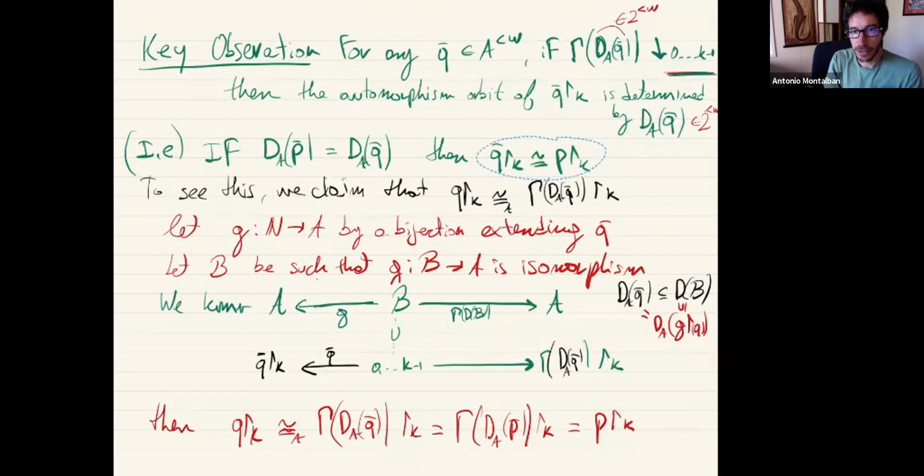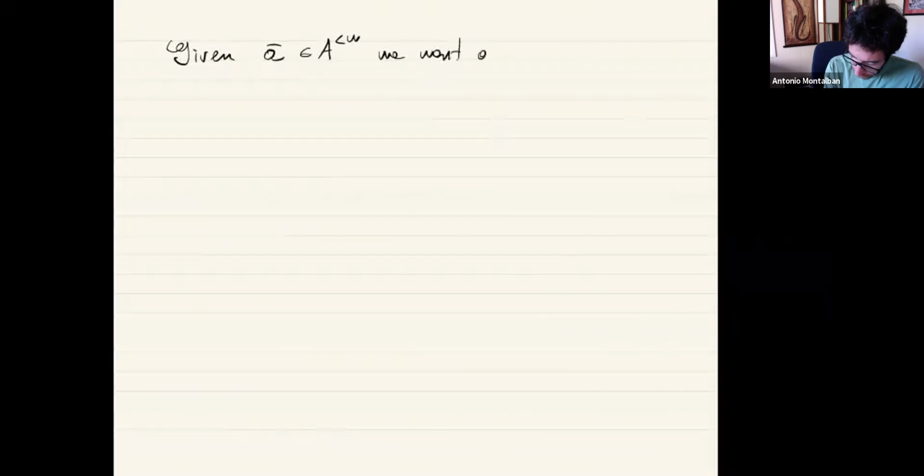All right. So now let's use this to define the orbit of Q. Given a tuple A in A to the less than omega, we want an existential definition of the orbit of A. So what do we do?